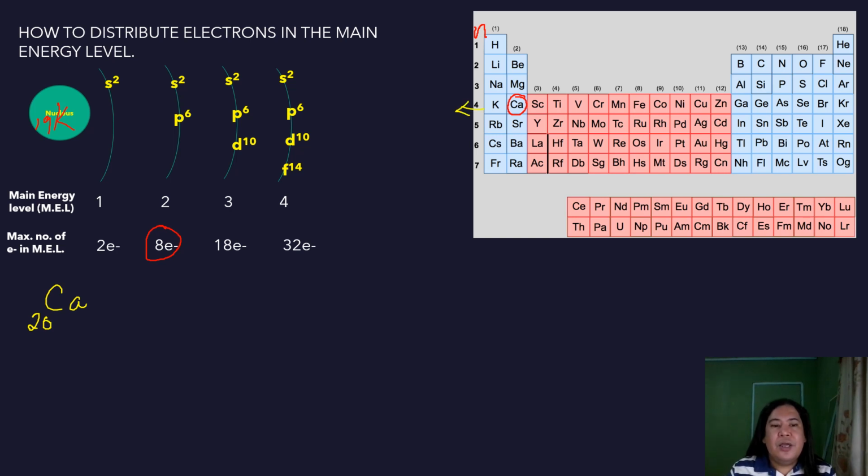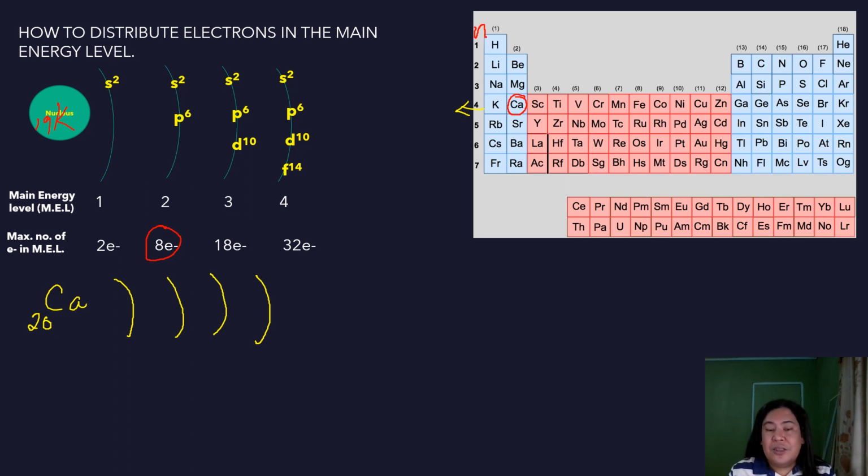So, therefore, ang kanyang main energy level ay 4. 1, 2, 3, 4. So, since we have 20, 20 is the atomic number, and in a neutral atom, the atomic number is always equal to the number of protons, and the number of protons is also equal to the number of electrons in a neutral atom. So, 20 rin ang electrons niya.